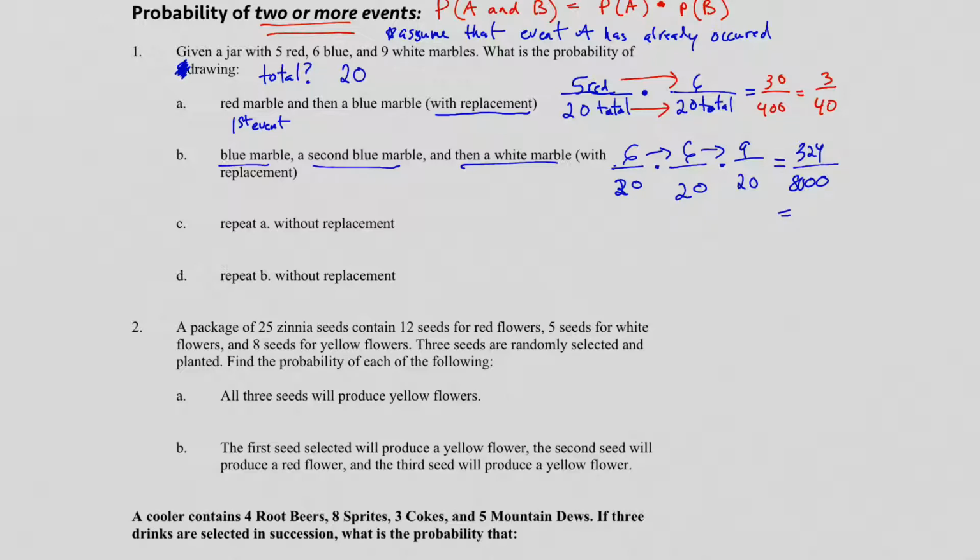And then my calculator, if I type in 324 divided by 8,000 with the fraction bar, it's going to reduce it for me. I don't have to think of greatest common factors and all that stuff. And that's just going to go down to 81 over 2,000.